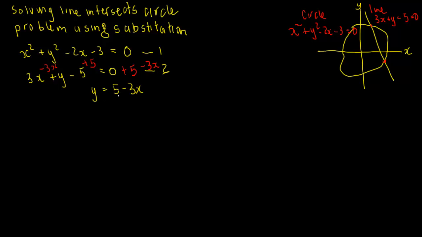So now we can substitute y into equation 1. So we're going to get x squared plus (5 minus 3x) all squared minus 2x minus 3 equals 0.